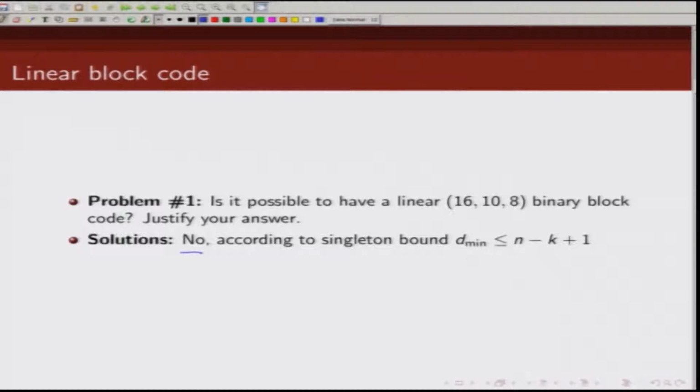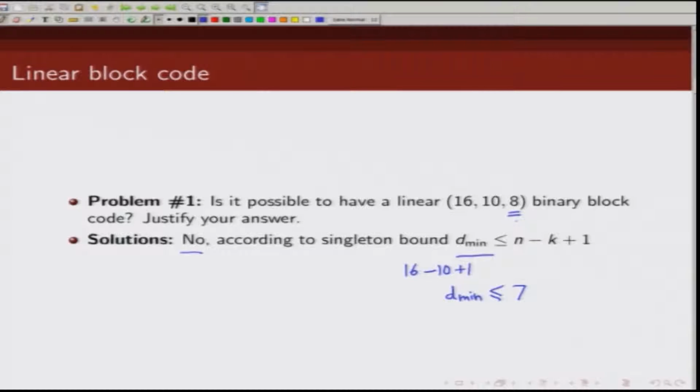Now, what does the Singleton bound say? The minimum distance of a code has to be less than or equal to n minus k plus 1. Here n is 16, k is 10 and this is 1. So, the Singleton bound says that the minimum distance of a (16, 10) code cannot be more than 7, and here we are saying a minimum distance of 8.